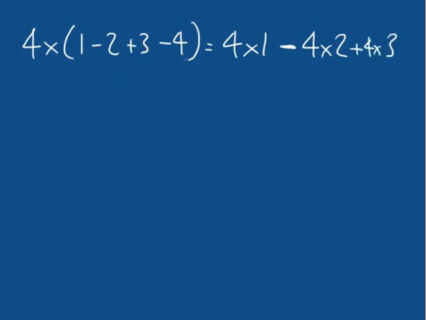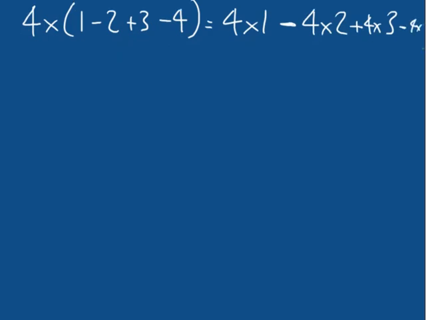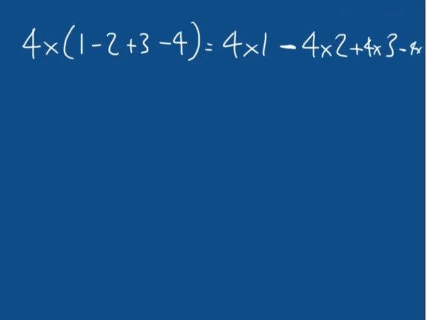And finally, because we're subtracting 4, we're going to subtract 4 times 4. So again, we take the operator that's to the left of our number, and we must use that operator when we are summing our result of multiplying our outside number with that number.